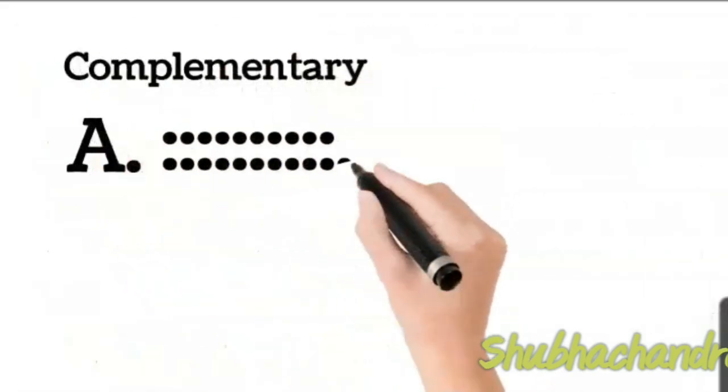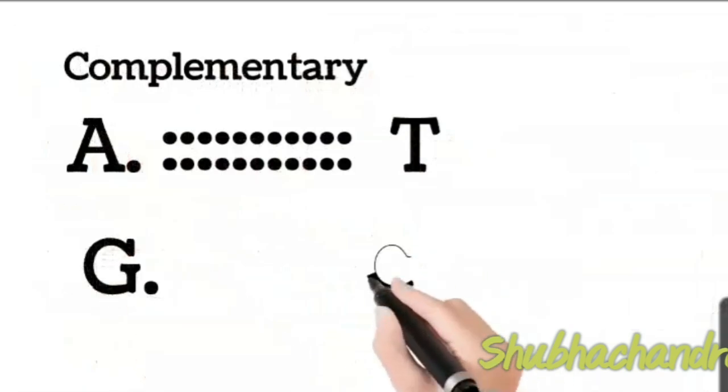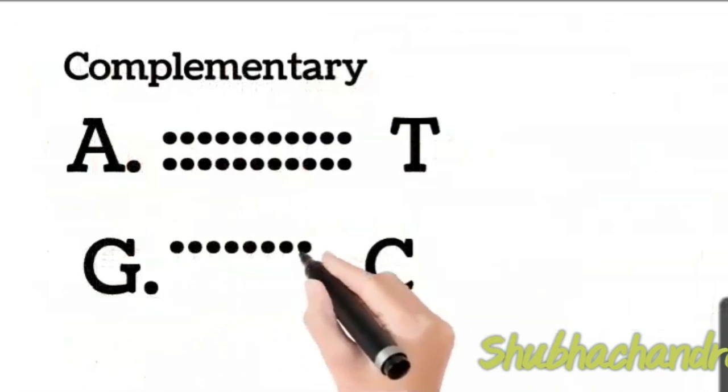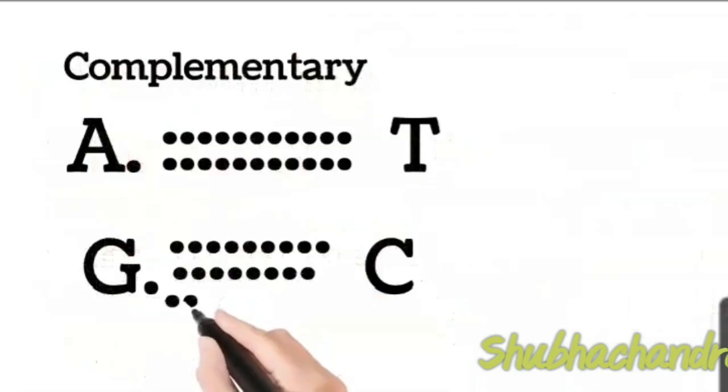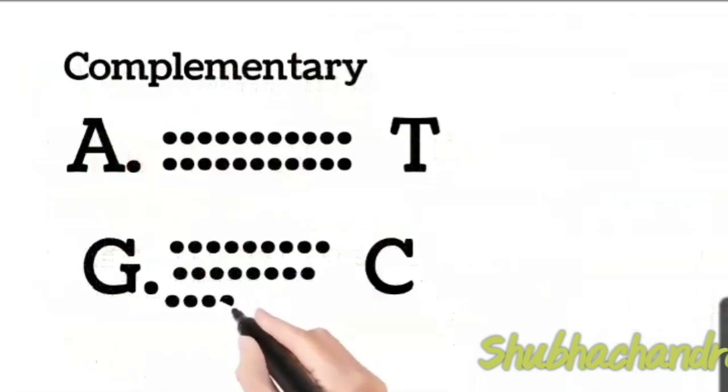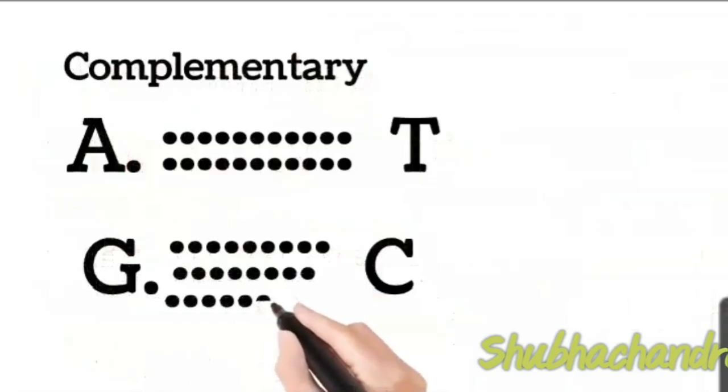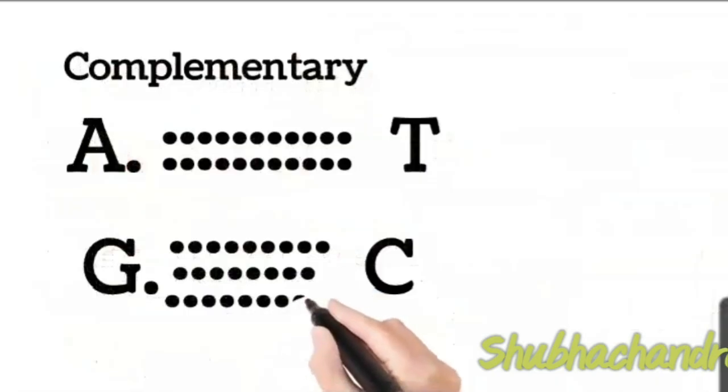The strands are complementary to each other, that is, nitrogen bases are complementary. A is complementary to T and G is complementary to C. G pairs with C with 3 weak hydrogen bonds and A pairs with T with 2 weak hydrogen bonds.